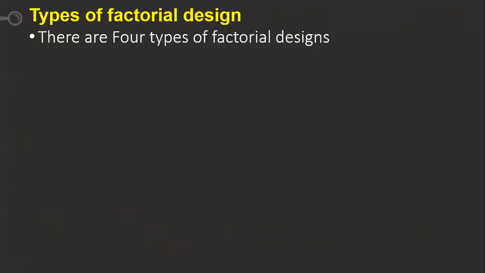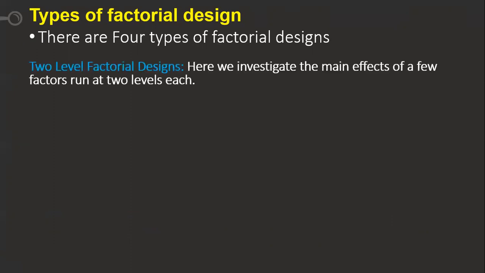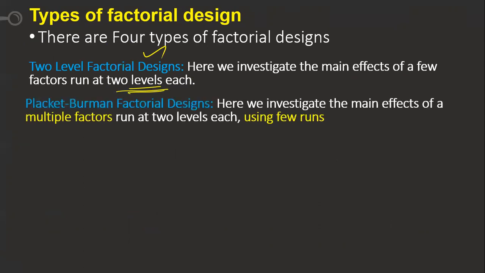Now what are the types of factorial design we are going to have here? Quickly, we can have 4 types of factorial design. First one is the 2-level factorial design. This is what we are going to study today. Here we investigate the main effects of a few factors run at 2 levels each. Only 2 levels. That's called the 2-level factorial design. Next, Plackett-Burman factorial designs.